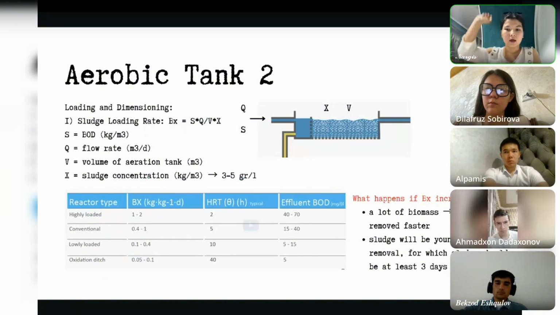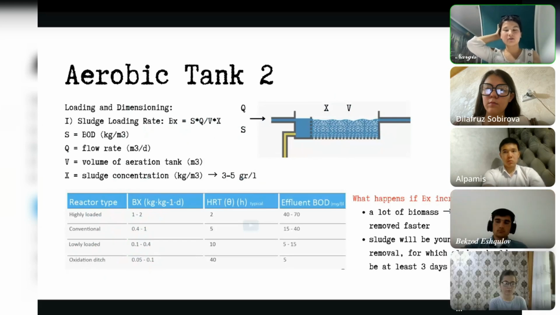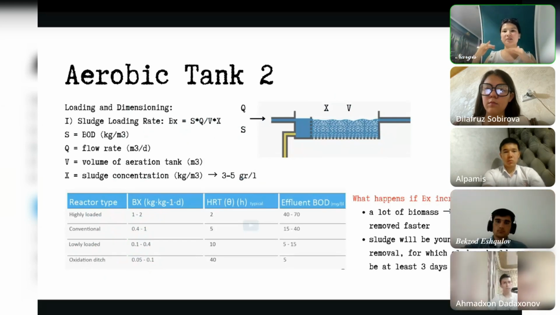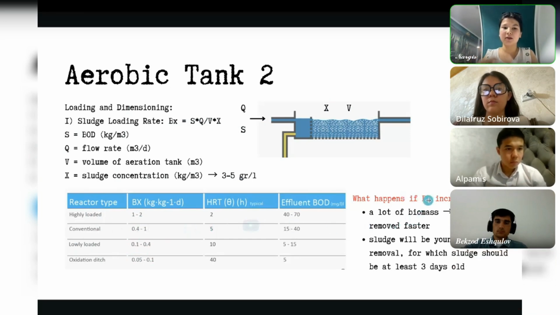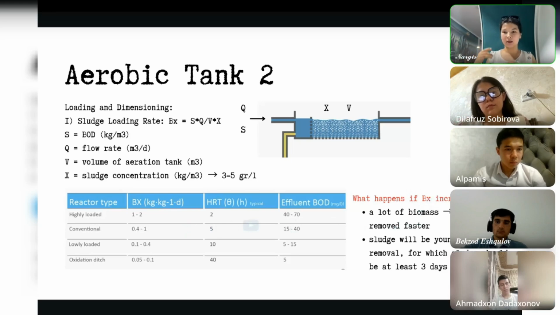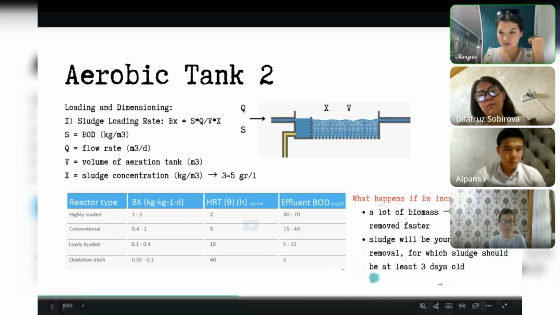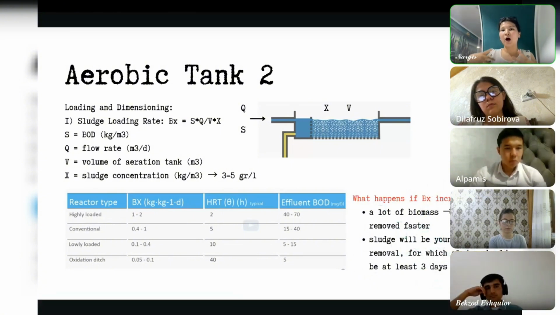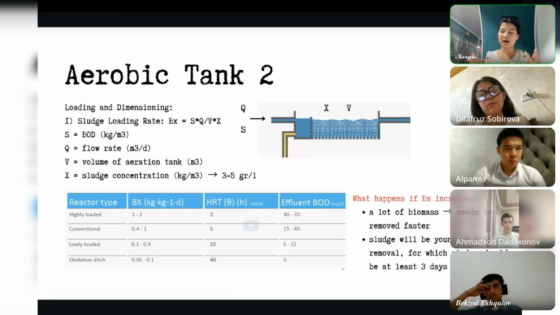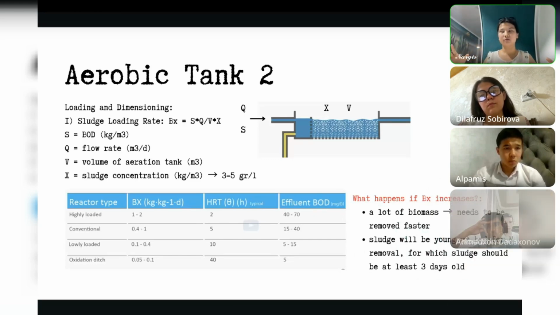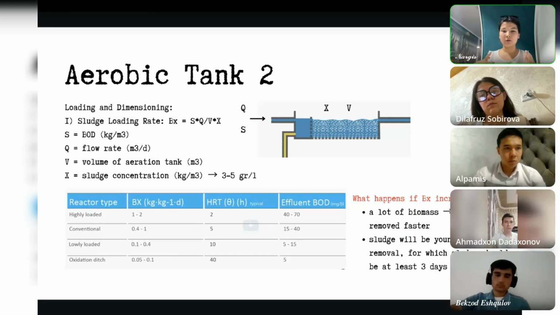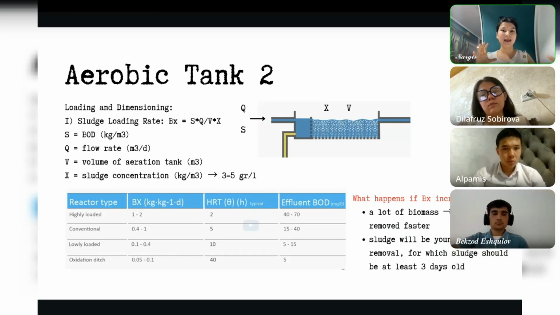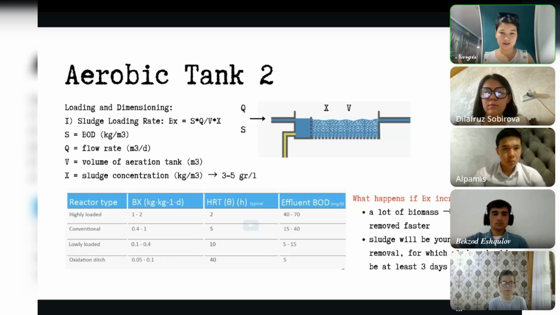Yes. And in fact, it's very important that our load stays where we want it to stay. Why? Because if the sludge loading rate goes higher, meaning this Bx increases, pay attention to this part: when we give a lot of food to our bacteria, in response, our bacteria will grow larger in quantity. And when we have a lot of bacteria inside of the tank, and we don't want a lot of bacteria inside of the tank, we just recycle or throw it away.